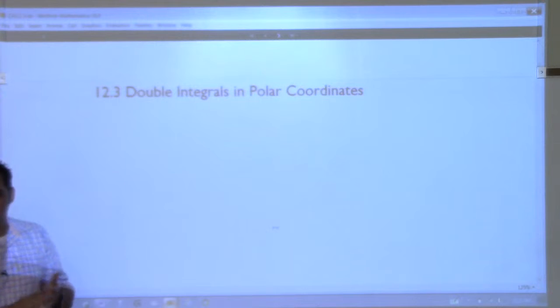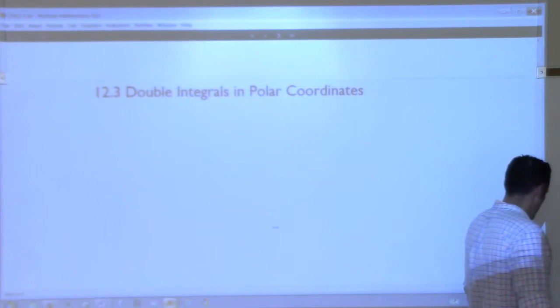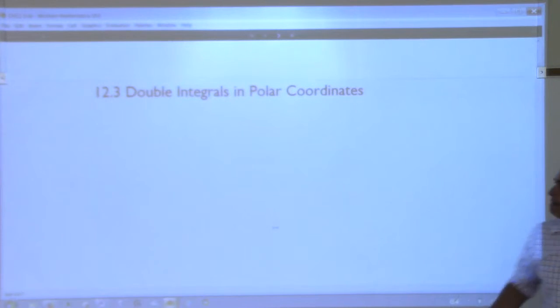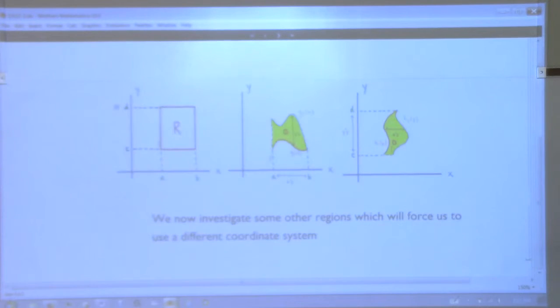Double integrals in polar coordinates. Let's see if you even know what polar coordinates are. So we've already established the following. We've established that if we're trying to do a double integral over a region, we can only do double integrals over these types of regions.